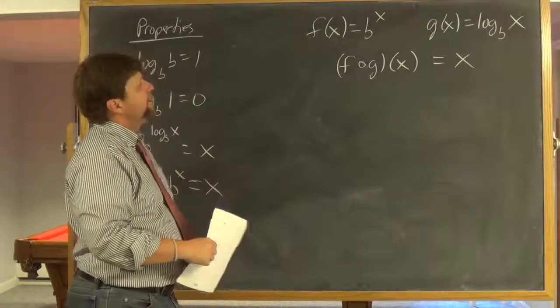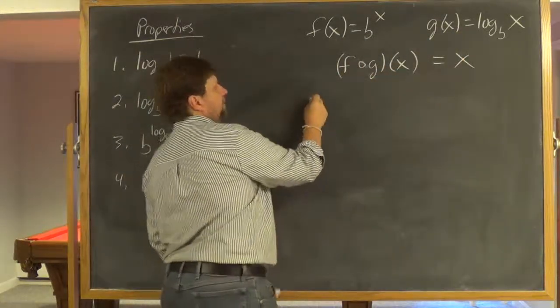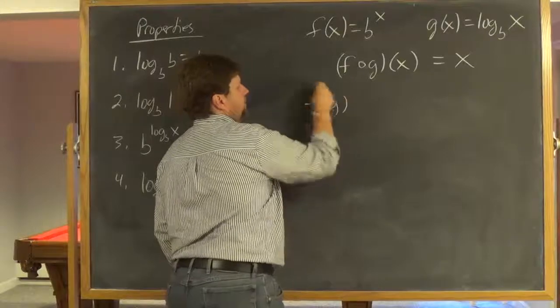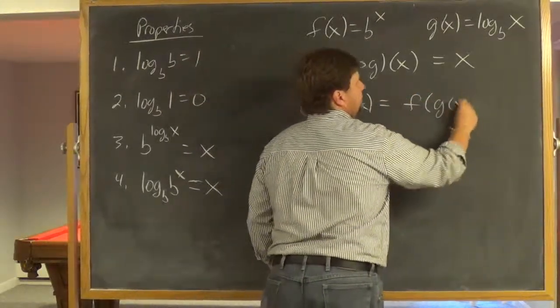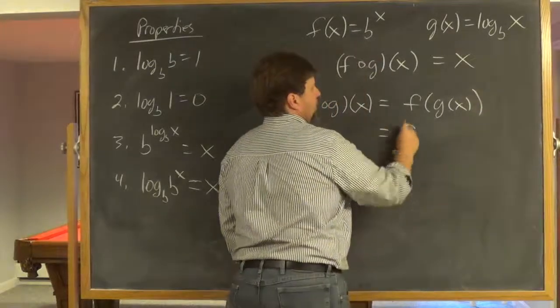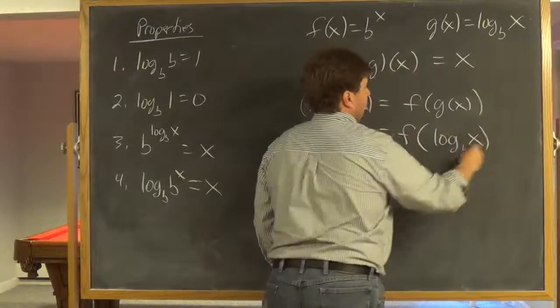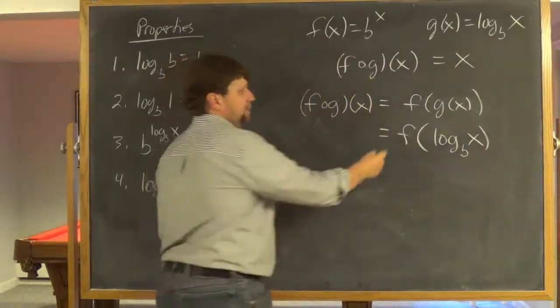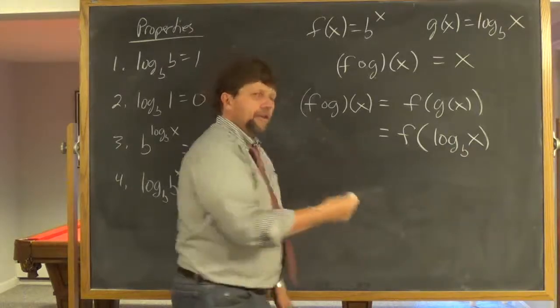Well, if we crank these two functions through the composition, let's do it. Let's take f of g of x, which is f of, well, g of x is log base b of x. To compute f of log base b of x, this is just evaluating functions.